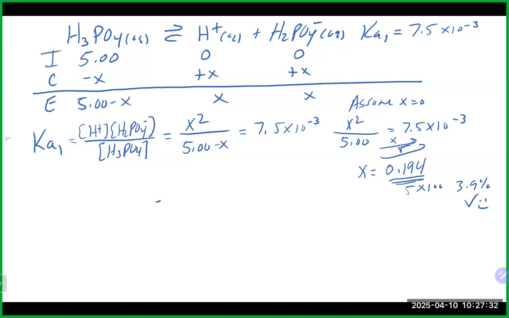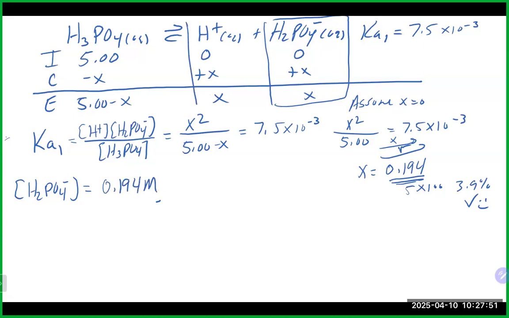So after this first table, we do have a few of the answers that we're looking for. We could clearly see after the first table here, the concentration of H2PO4 minus equals X, which means its concentration would be 0.194 molar. We could also see the H plus concentration here equals X. So the H plus concentration equals 0.194 molar.